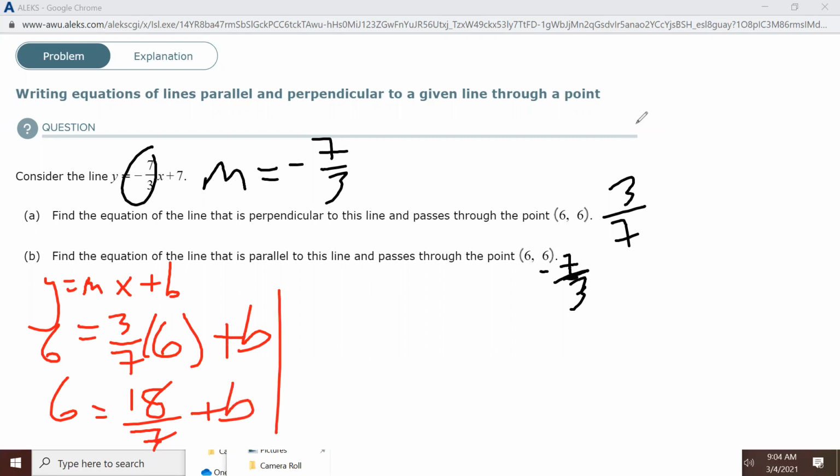When I subtract 18/7 from both sides, I get this. I need common denominators, so I will multiply the 6 by 7 over 7.